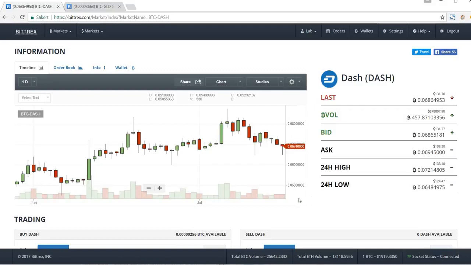So what would be my first impression when I just see this graph? Well, obviously the first thing you look at, where's the price right now? And it's over here, 0.69 Bitcoin. What else can we interpret?